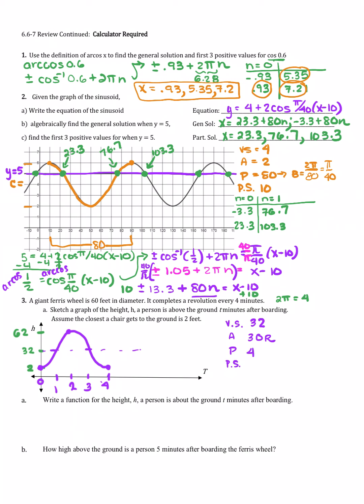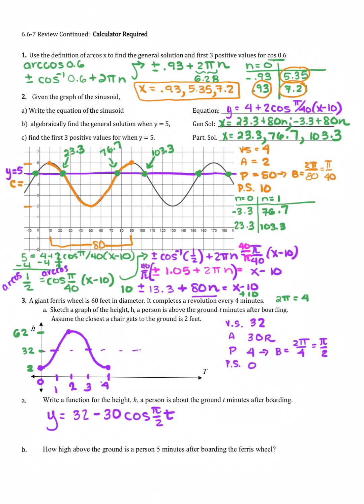The period is 4, which means B is 2 pi over 4, which is pi over 2. And we're going to start at 0, which makes it an easier problem. So y equals 32 minus 30 cosine of pi over 2 t, since it's reflected. That would be your equation.